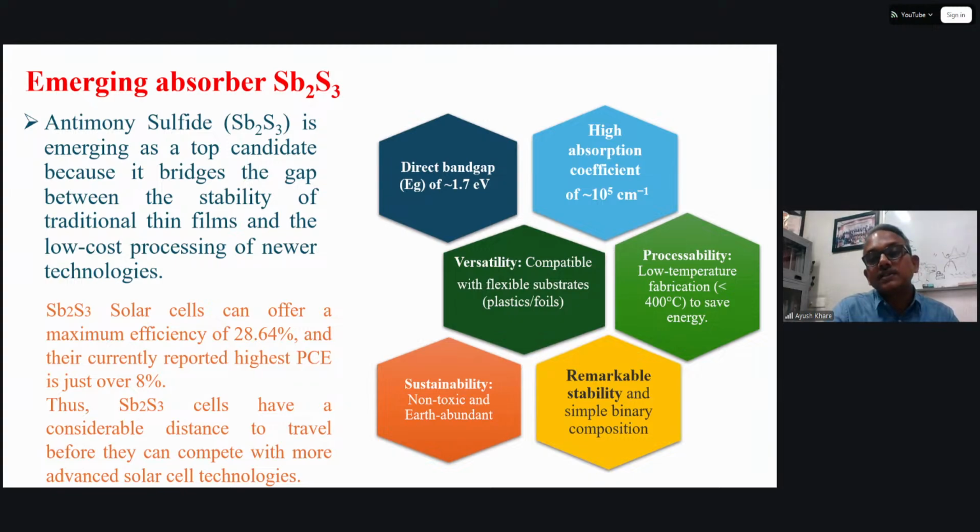And why are these solar cells getting the interest of researchers? Because of their band gap value. It is the band gap of any material that decides its absorbing capability, or what category or energy or frequency of photon a material will absorb, right?